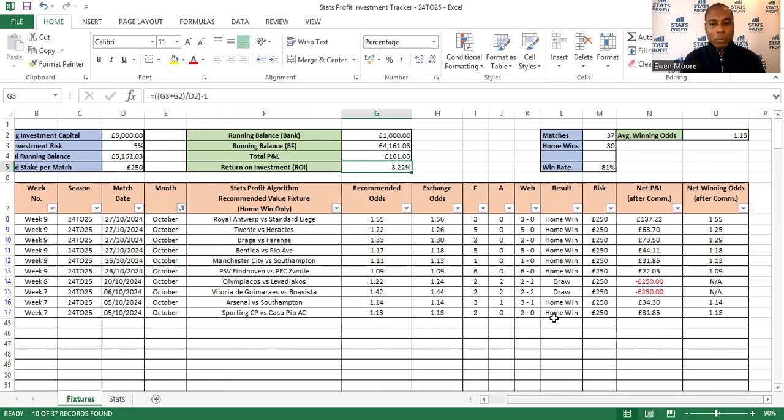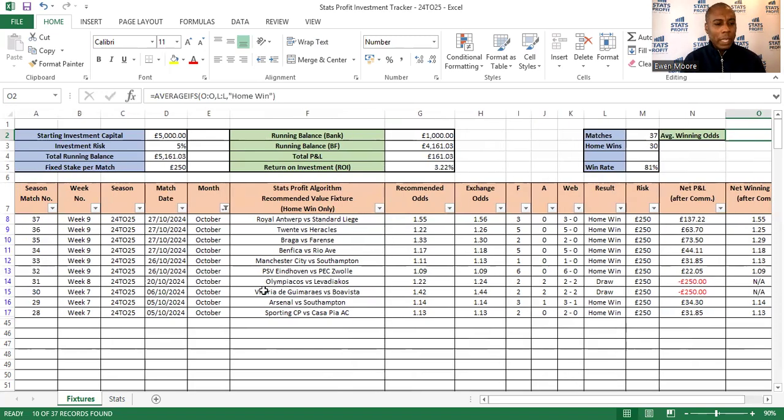If I scroll over, we have already spoken about the total matches, but the interesting thing here is this cell, which is our average winning odds of 1.25, which is pretty good. I'm not going to talk too much about the individual matches, because with this being an investment strategy, it's not about who plays, what the scores are and who won.